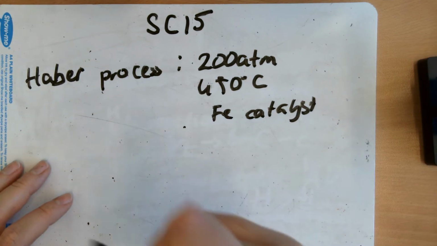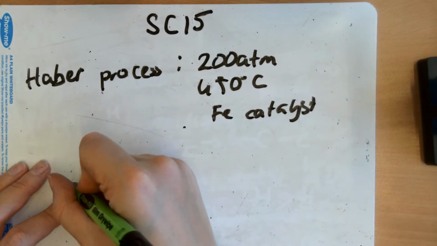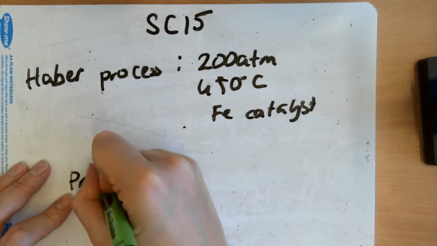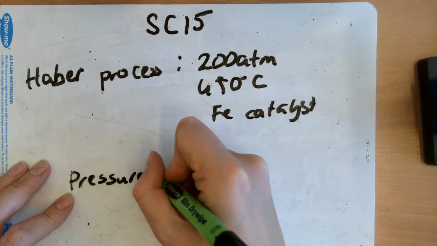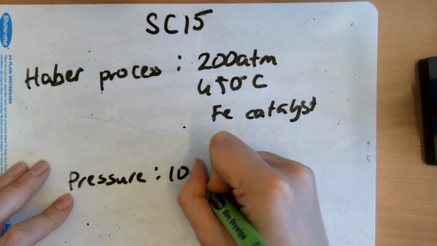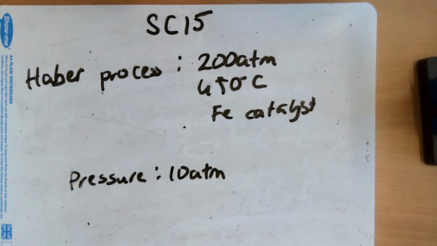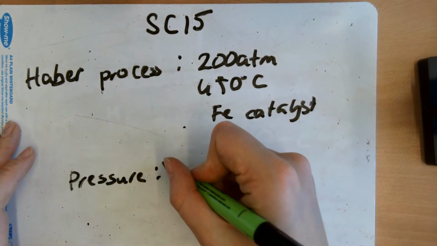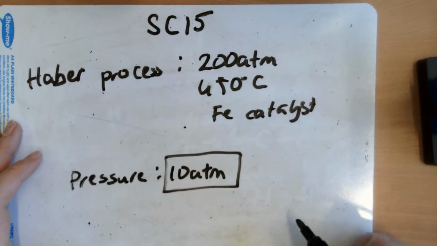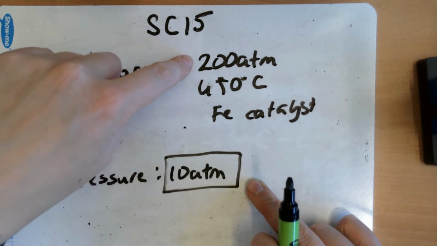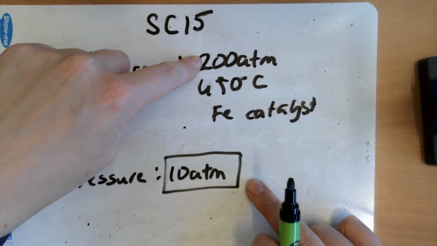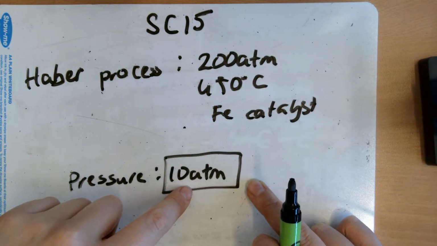And in one instance, they told you that the pressure that was used in this other reaction was 10 atmospheres. And they asked you to comment on rate, and they asked you to comment on yield. Now, if students saw this 10 atmospheres, compared to the pressure they were used to from the Haber process, they thought that this was a low pressure.